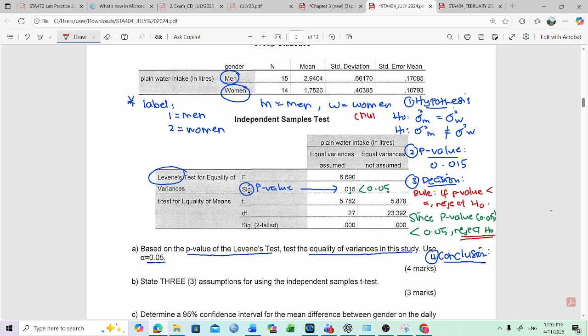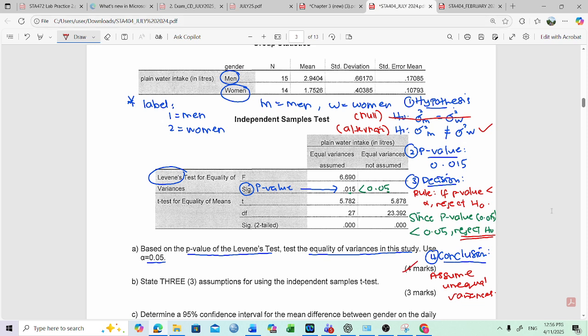This is the null, this is the alternative hypothesis. The decision is reject. Reject means we do not want it. So our conclusion is assume unequal variances. Full stop. And then we get 4 marks.